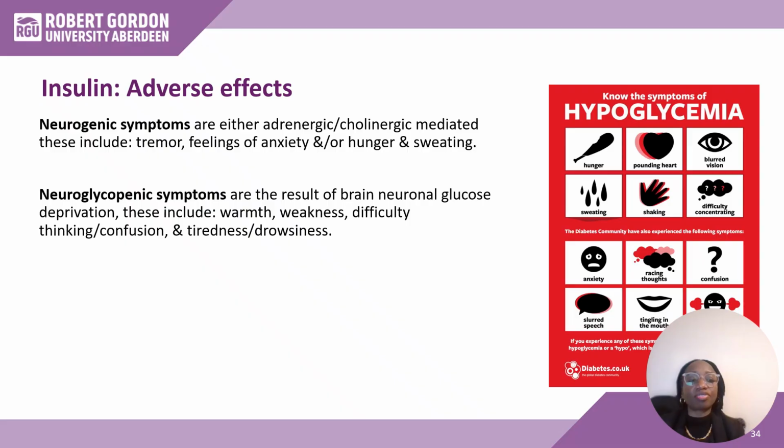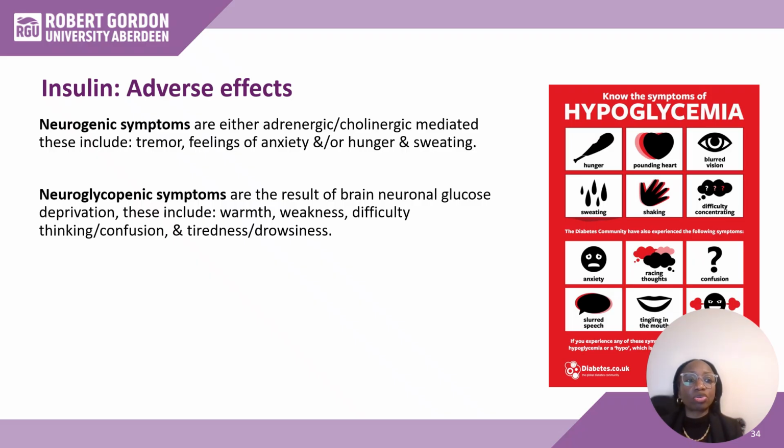Okay, so adverse effects of insulin. What happens when you have too much insulin? Hypoglycemia is the main known side effect of insulin, and it presents as neurogenic or neuroglycopenic symptoms. The neurogenic ones are adrenergic or cholinergic mediated, and include tremors, feeling of anxiety, hunger, and sweating.